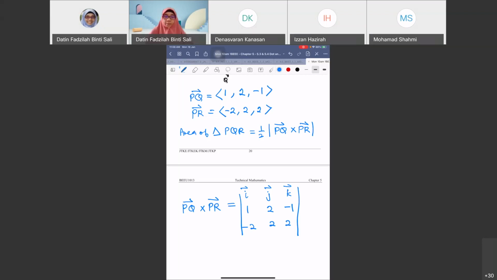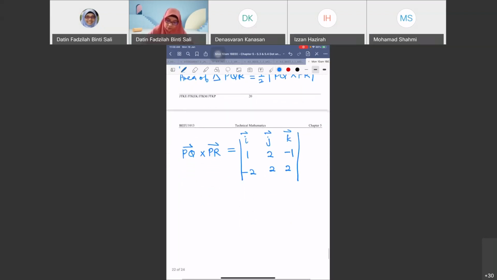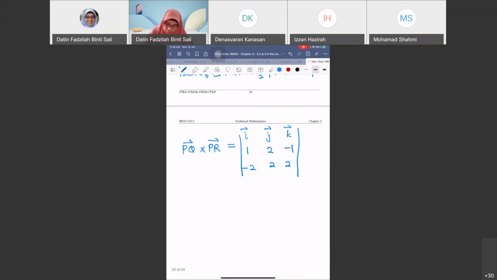So you set up your 3 by 3 determinant, and then you do it like the previous example I showed you. It will be positive i, minus j, plus k.